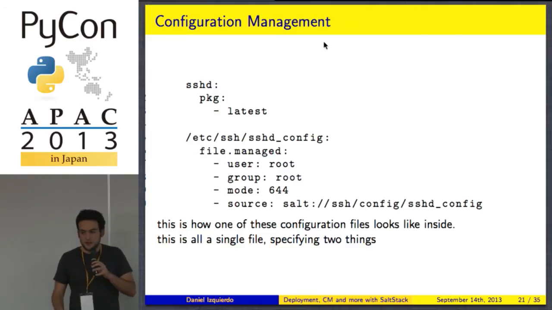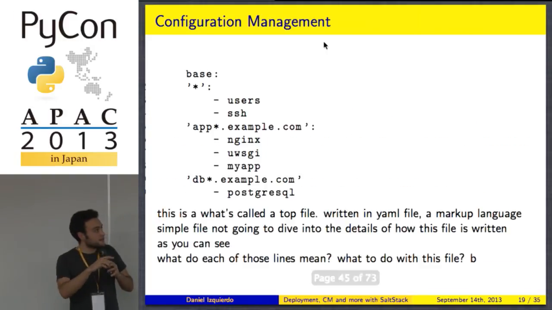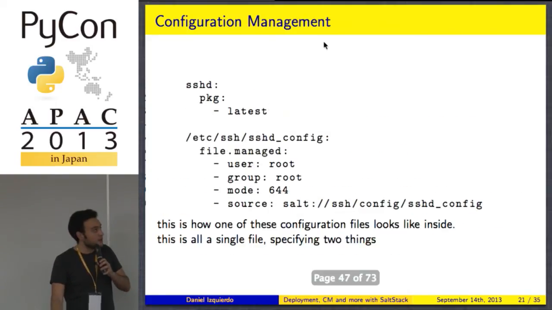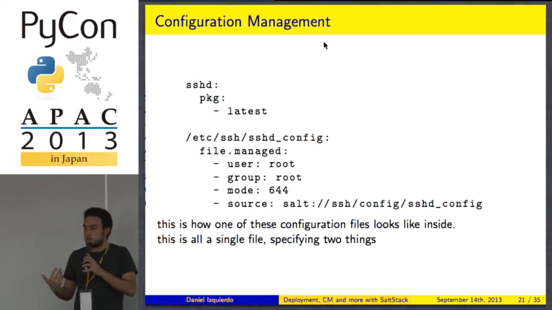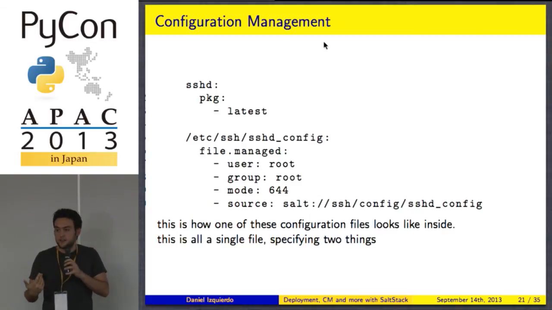So then the point here is that I define this file, right, and then when I run a salt state command, all the machines that match this globbing pattern, which in the case of SSH is all the machines in my infrastructure, will be ensured by Salt to be running the latest SSHD package, and to have this configuration file configured in this way.